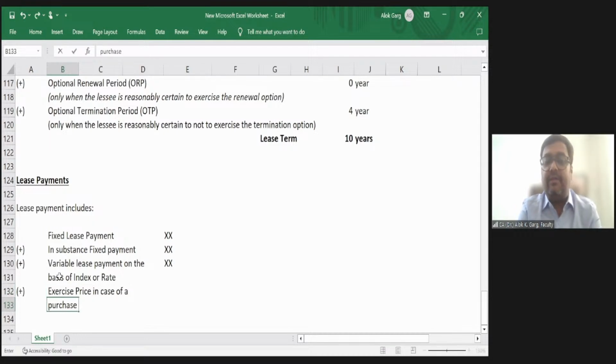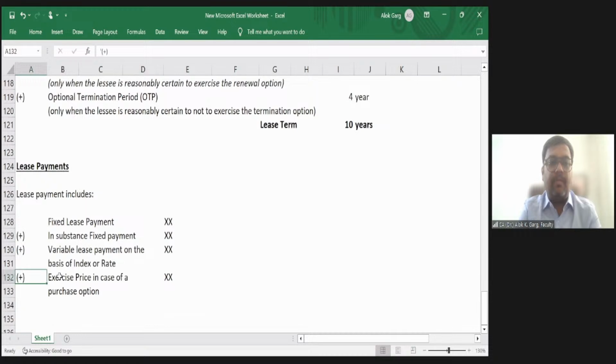So the lessor has given the lessee the purchase option at the end of the lease term. Plus termination penalties which are paid by the lessee.